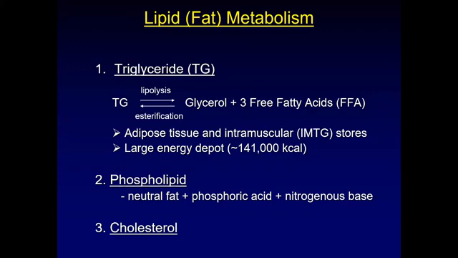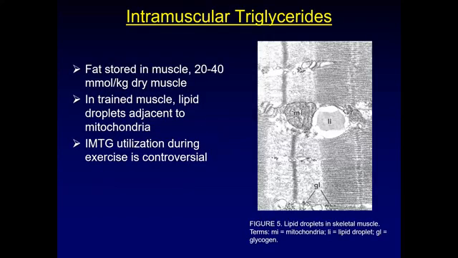This is a huge energy depot, a giant number of kcals. We also have phospholipids that are in our membranes, but we don't usually break down phospholipids very often. And then we have cholesterol, which we're going to just leave. Cholesterol is not great for us in some instances, but we also make a lot of steroids and hormones out of that cholesterol.